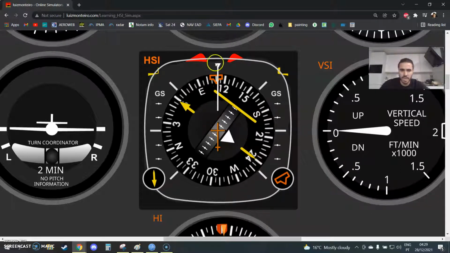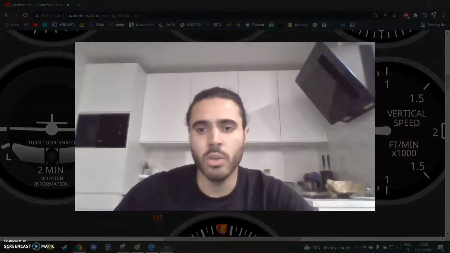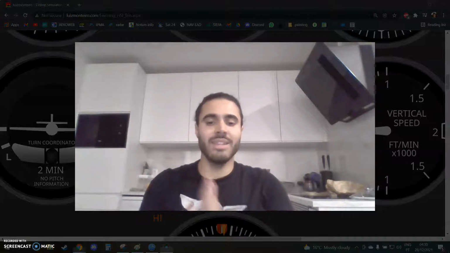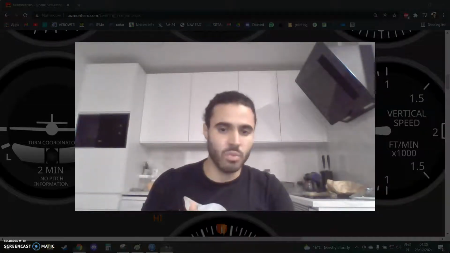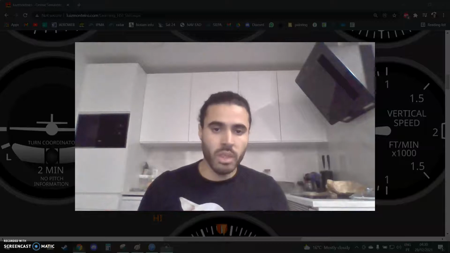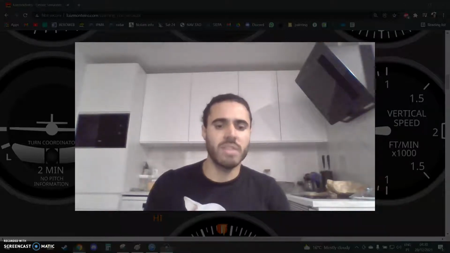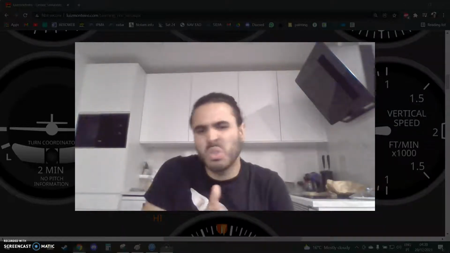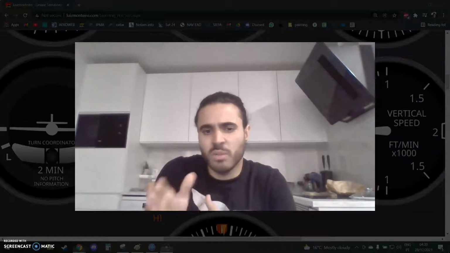I'm gonna put my heading, or my track if you have a track indicator, at the end part of the CDI. All right, and after doing this, you're already going there, you're intercepting that radial. You don't know with which intercepting angle you're doing it, because you just set it around the end of the CDI bar.